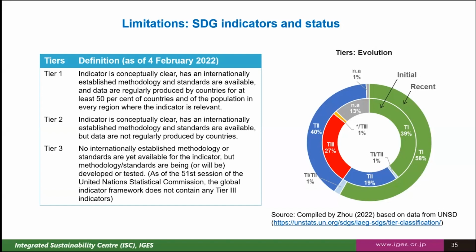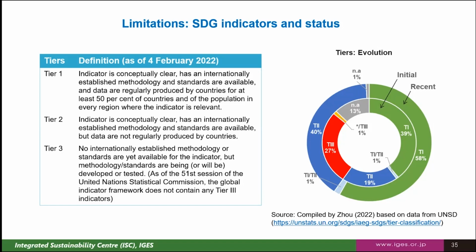For the initial status of SDG indicators in 2015, which is shown on the right side of the figure, Tier 1 indicators accounted for 39%, and Tiers 2 and 3 accounted for 19% and 27% respectively.